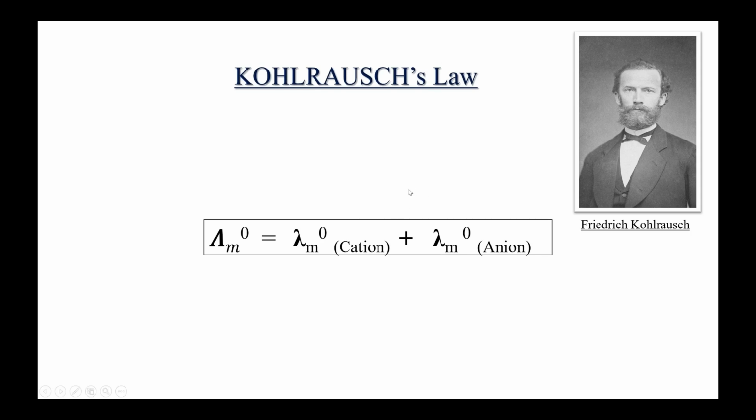It means these ions are the contributors to the total value of molar conductance of an electrolyte. That's why it is also called the law of independent migration of ions. So these ions are acting independently to the conductance when they are diluted to infinite.